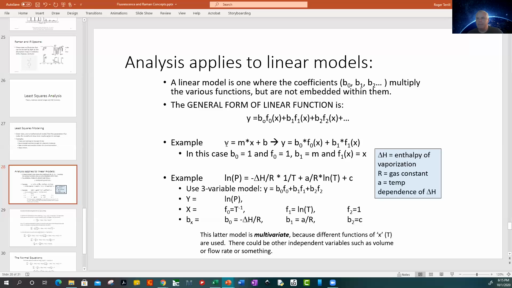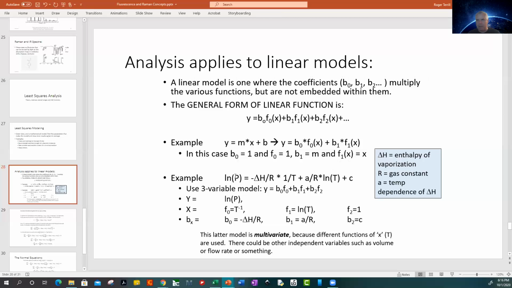So here's an example of this where you can take XY data, where the XY data are pressure and temperature. You can take a flask of stuff, and you can boil it, and you can measure the vapor pressure of this stuff, the P value, versus different functions of the temperature, right?